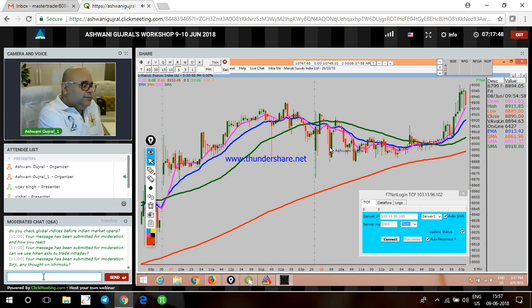Bears slammed it, unsuccessful. Slammed it, unsuccessful, unsuccessful. All day bears were unsuccessful. And finally, see what's happening here. The 20 is getting held. So Maruti is giving an indication it wants to go up.